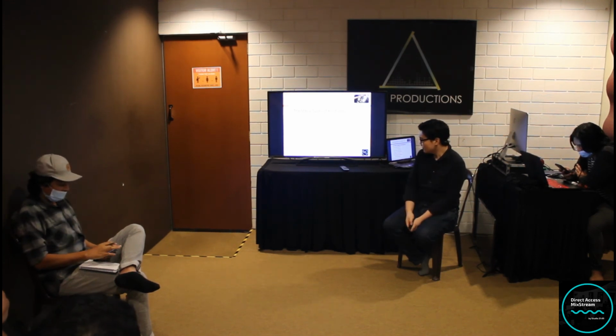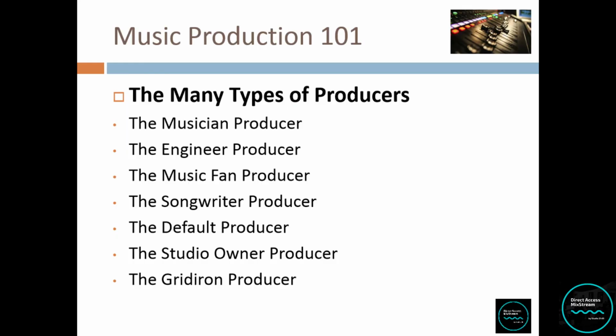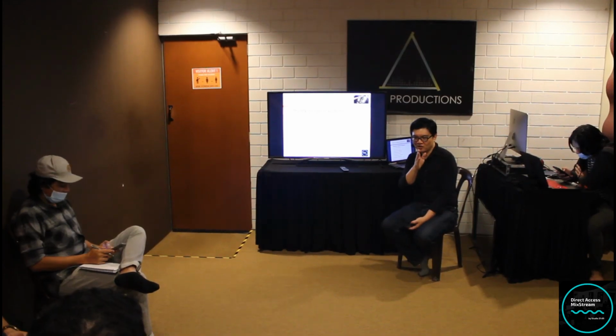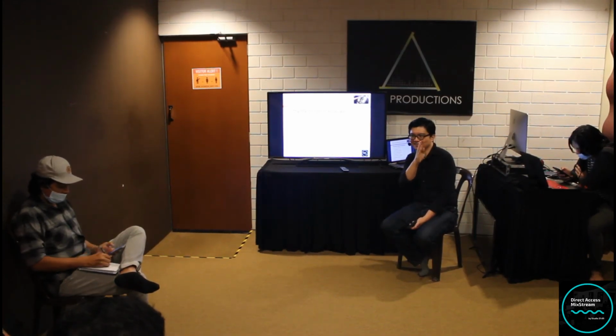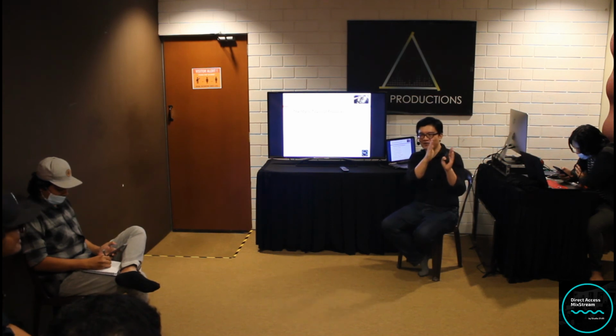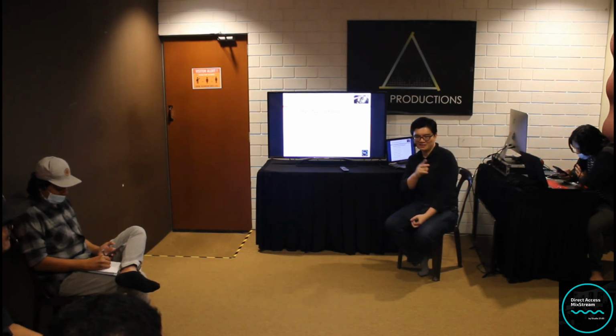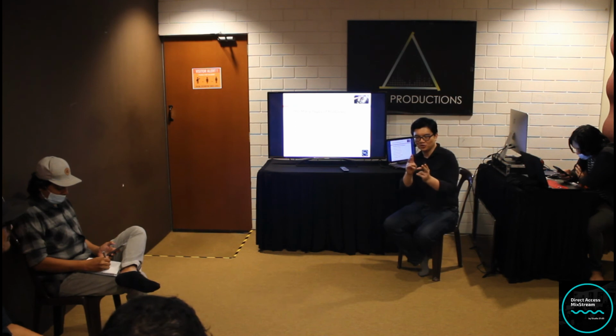Next one, the grid iron producer. What is the grid iron? We talk about the grid, like the window grill. Grid iron refers to those for whom everything has to be perfect. When you record the drums, everything must be quantized perfectly on the grid. The bass, the vocal, everything quantized or tuned perfectly.